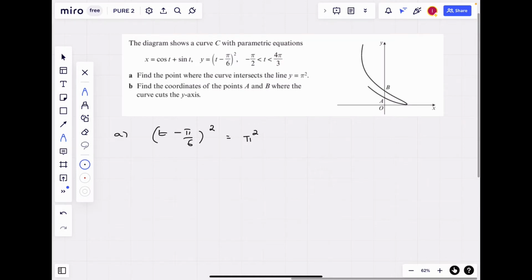By square rooting pi squared, you end up with plus minus pi.